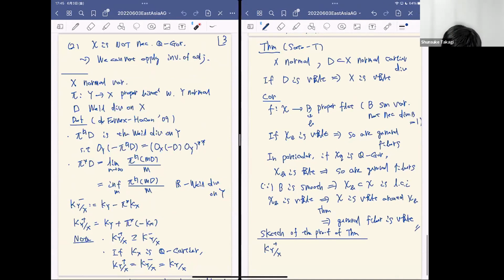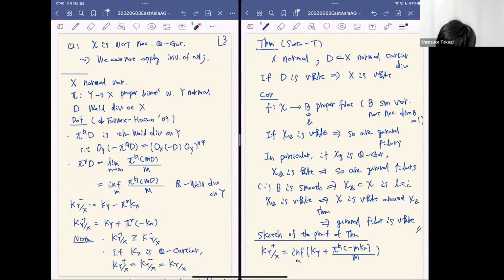So by definition, variable KLT singularity is defined by K plus, and K plus is by definition an infimum of K_Y plus the natural pullback of minus m K_X divided by m.